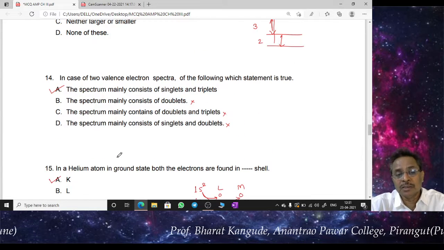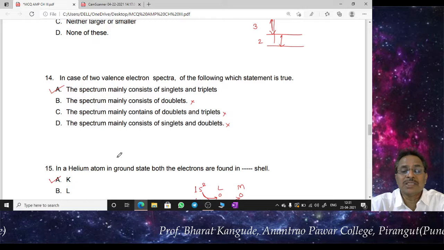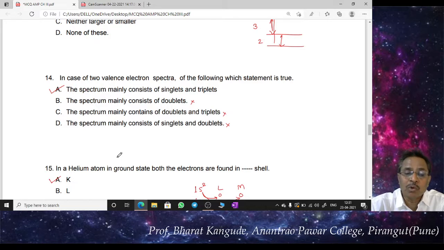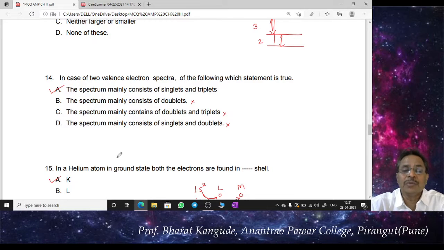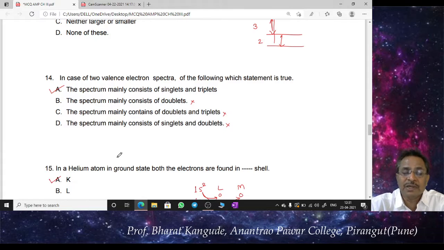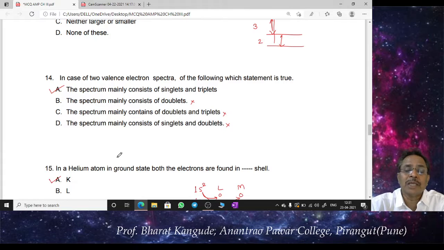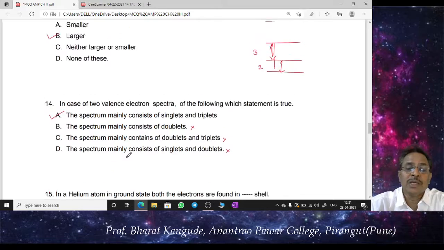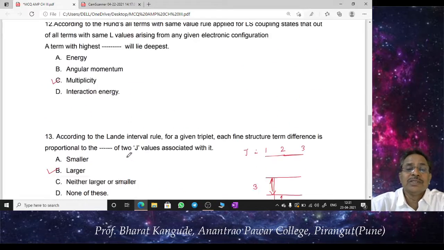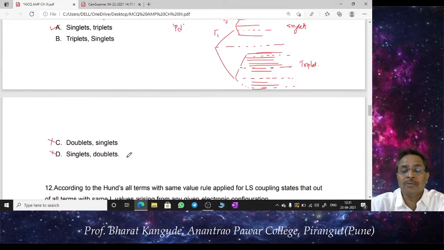As compared to chapter 1, this chapter 2 has some more conceptual problems, and it is not difficult, but it is more mathematical. That's why these are the important questions we have discussed here.